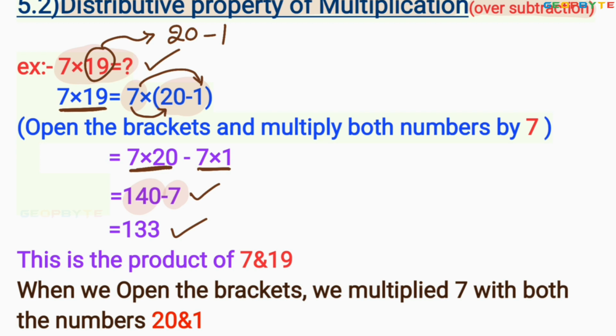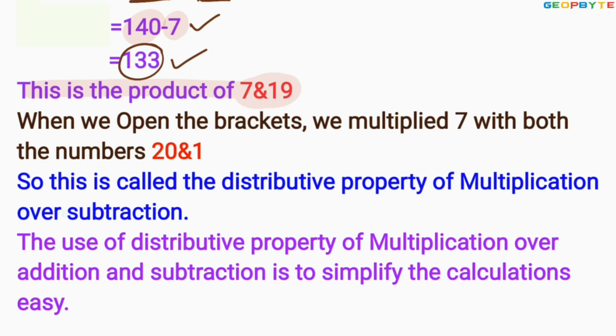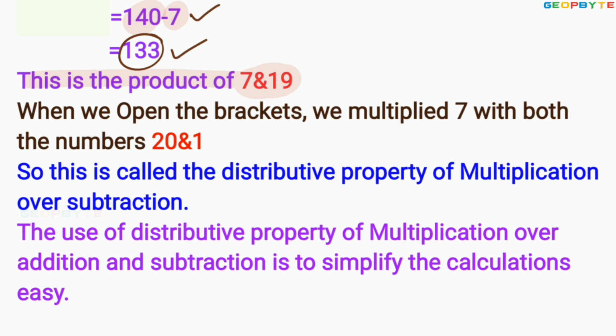So 323 is the value of 17 multiplied by 19. Look at the conclusions. When we open the brackets, we multiplied 17 with both numbers, namely 20 and 1. So this is called the distributive property of multiplication over subtraction.